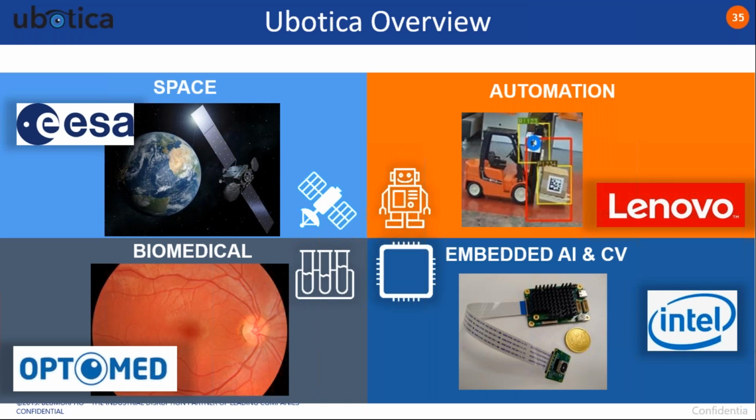So what we're doing there is, first of all, we've done a characterization exercise to identify how the Myriad 2 chip is going to perform in the space environment, what its weaknesses are, and to identify what mitigation strategies can be deployed with those weaknesses.